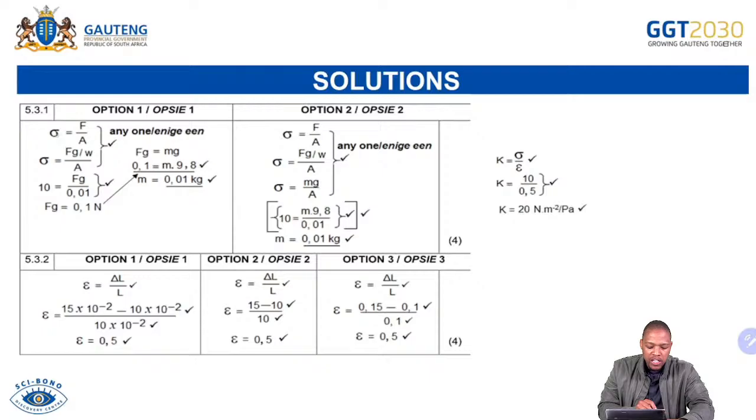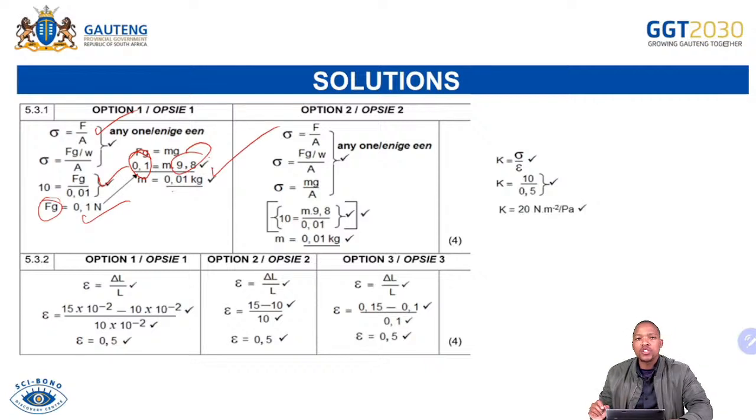We started with the formula for stress and substituted until we got our force as 0.1. They've represented this force as the force of gravity; we represented it as F. It does not change anything. Then we substituted that 0.1 and the 9.8, and we calculated our mass as 0.01 kilograms. We've done this and we got it correct.